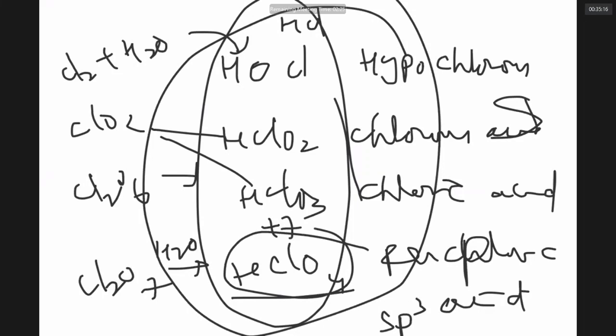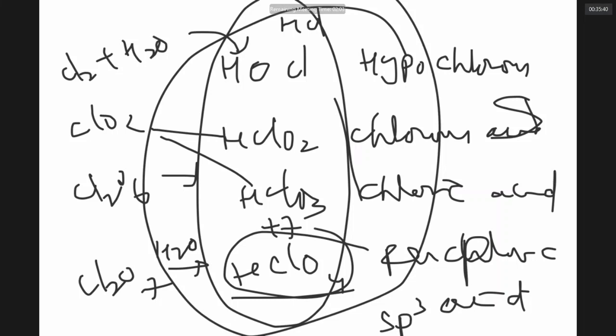If the oxyacid of chlorine has n oxygens, it has n minus 1 dπ-pπ bonds. For example, HOCl has no dπ-pπ bond. HClO2 has 1 dπ-pπ bond. HClO3 has 2 dπ-pπ bonds.